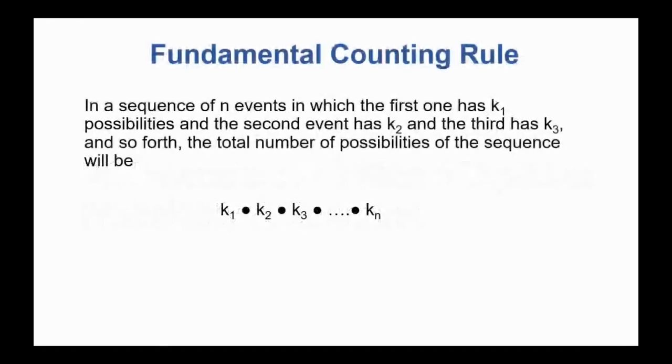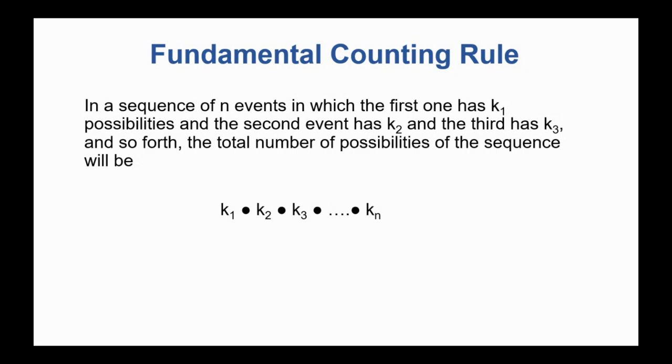Okay, well, let's first back up. In 6.1, I touched on what we call the fundamental counting principle. Here we call it the fundamental counting rule. Same concept. If we had a sequence of n events, the first event had K1 possibilities, the second event had K2 possibilities, third K3, and so on.